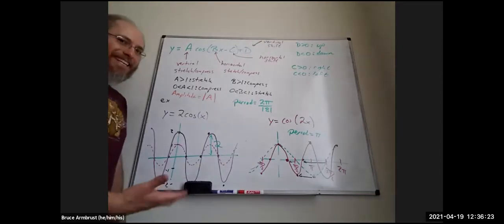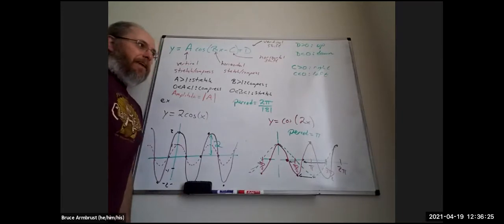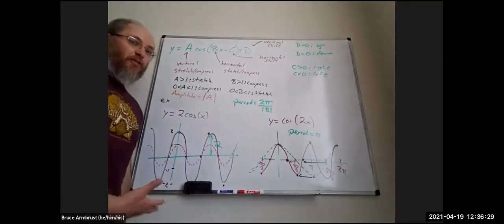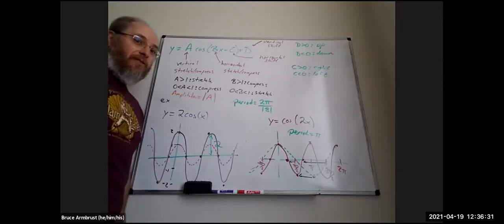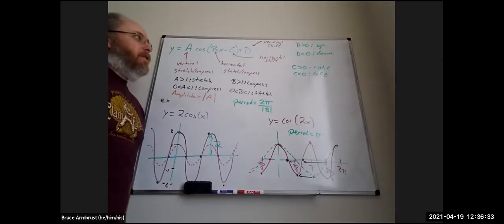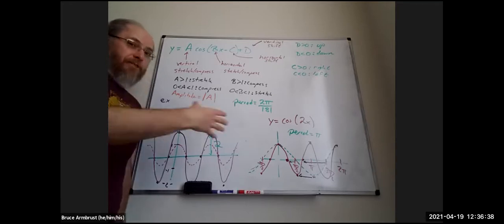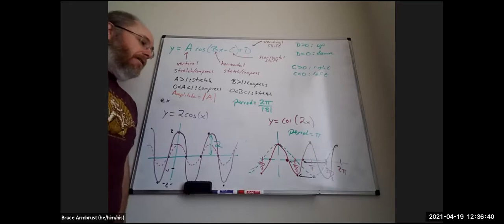All right, now C and D, they don't change the amplitude, they don't change the period. They just change where our graph is, right? So we don't really have to worry too much about those. We're just going to shift however far.